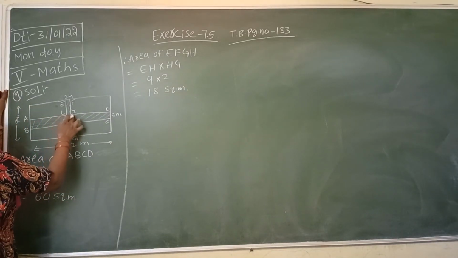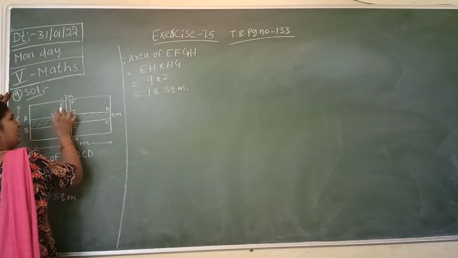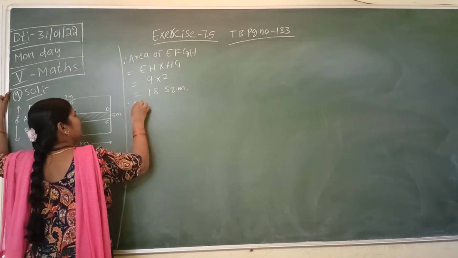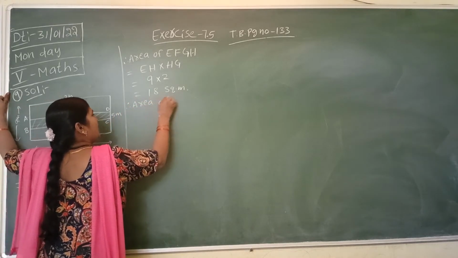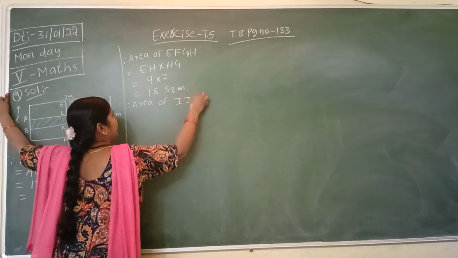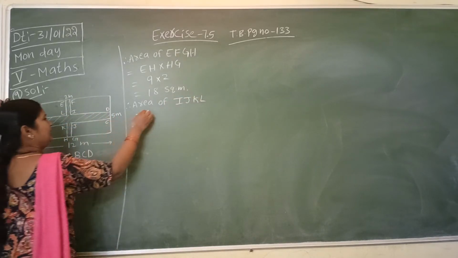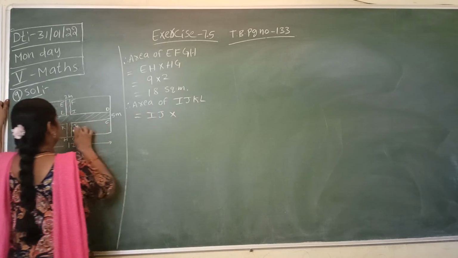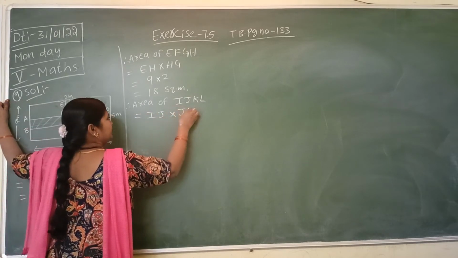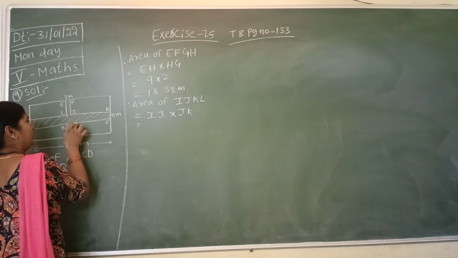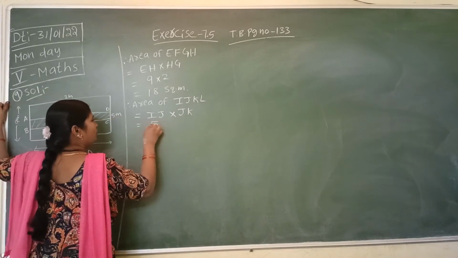Now you have to find the inside area IJKL. Therefore, area of IJKL. How do you find this one? IJ into JK. IJ here to here, how much do we have? Small 5.